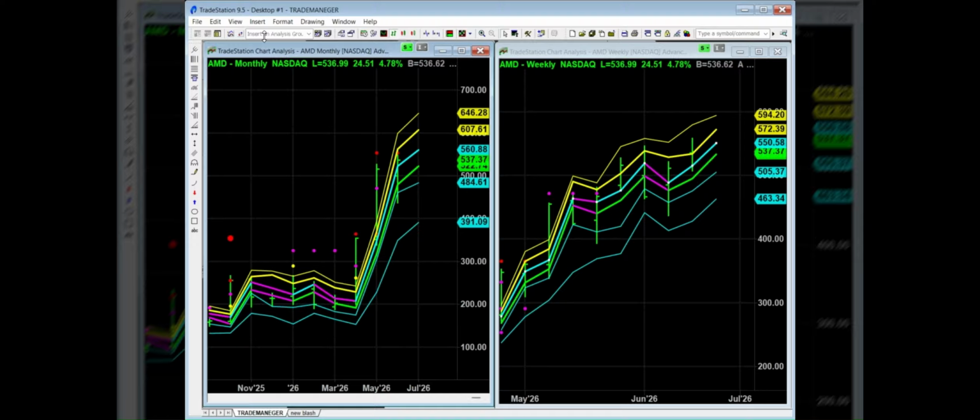So you know, on the AMD monthly chart, the stock price already reached this red resistance point, a major resistance, and also this yellow resistance trend line. So it is expected to be the monthly high for this month unless it can break out.